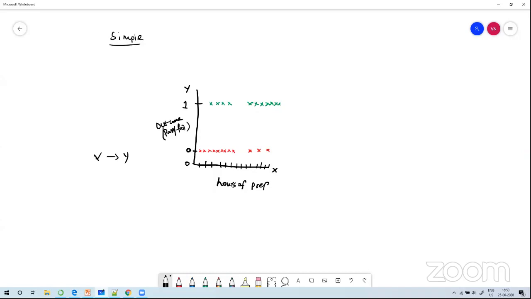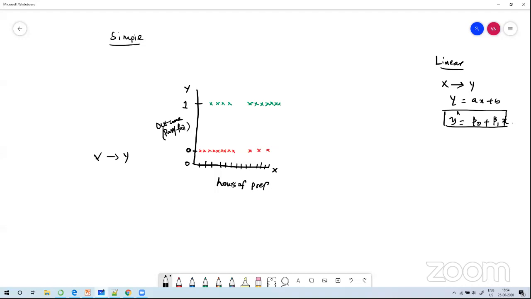In the case of linear regression, just for comparison, we represented the relationship between X and Y like this. So Y is equal to AX plus B, or in other words, we write Y hat is equal to beta naught plus beta 1 into X. This is a linear relation.